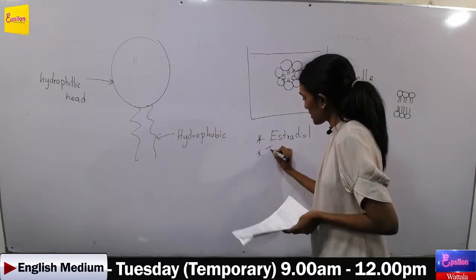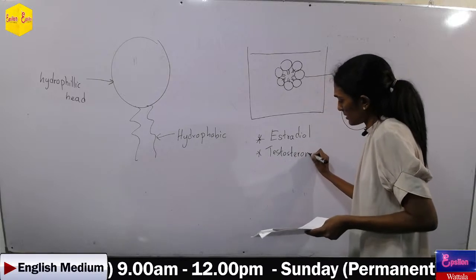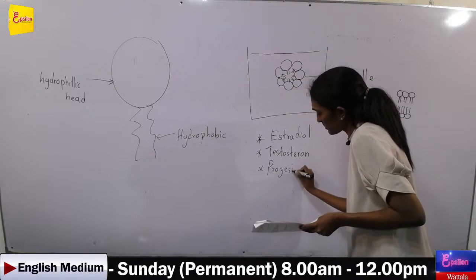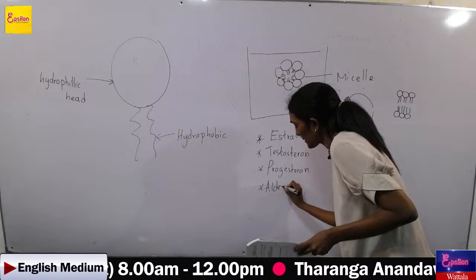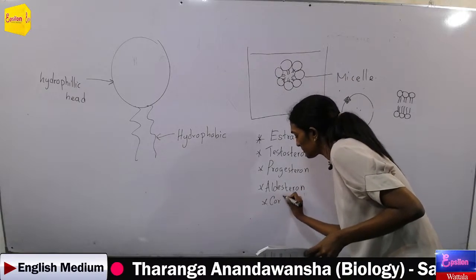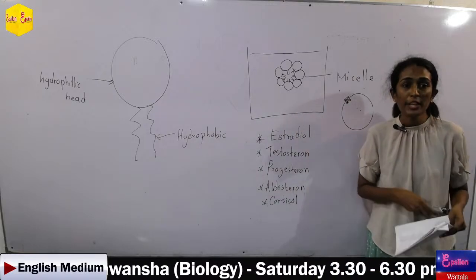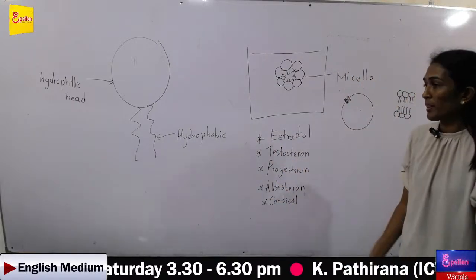Next one is testosterone, progesterone, aldosterone, and cortisol. Those are the five steroid hormones that we are learning. Go to the last question and write this down.